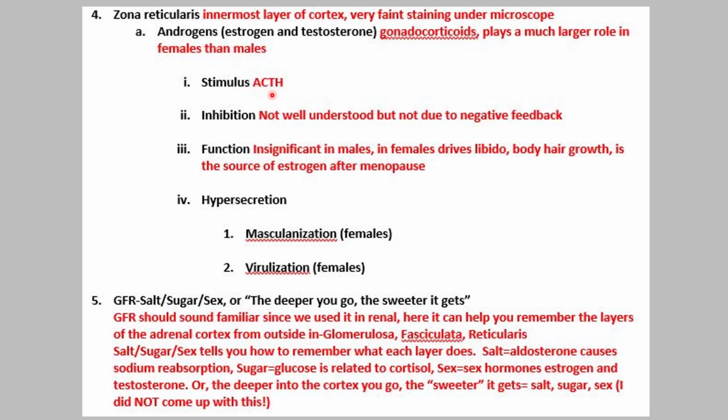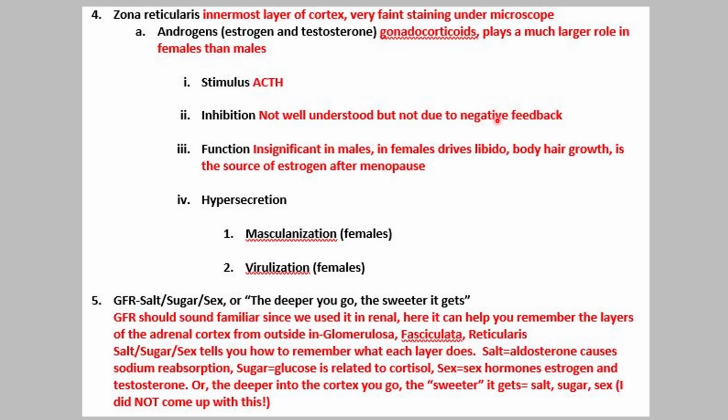So when we get to the pituitary gland in the next lecture or two, remember ACTH, what does it do? It targets the adrenal cortex, AC, adrenocorticotropic hormone, the AC, think adrenal cortex. It's inhibited by, well, we don't really know.